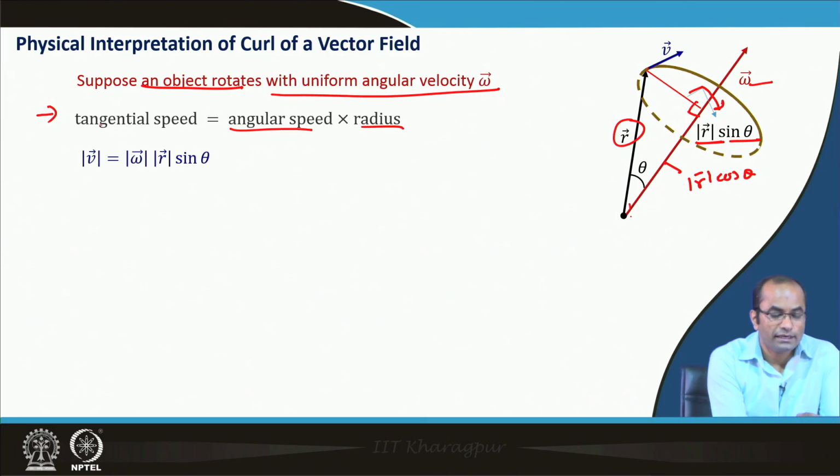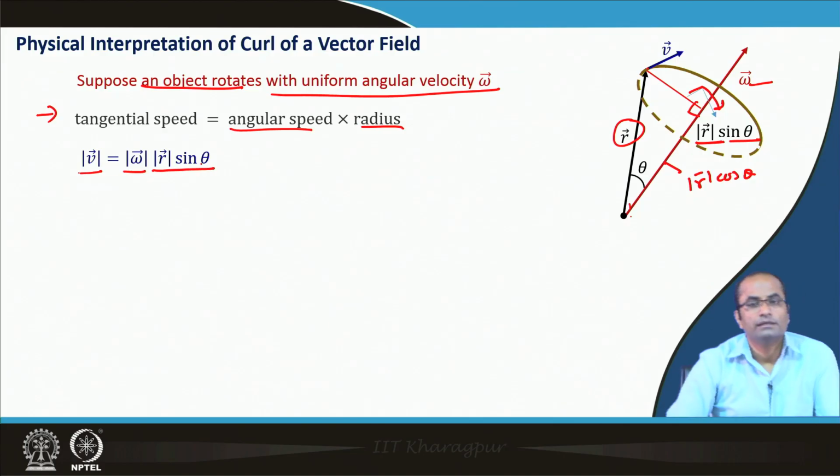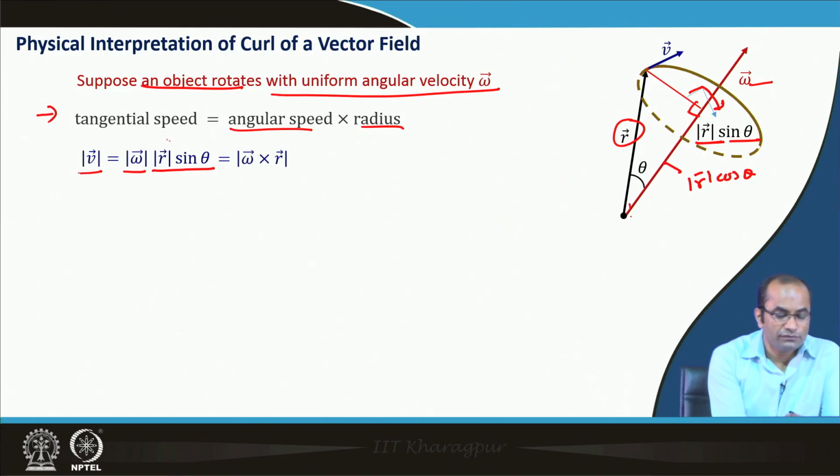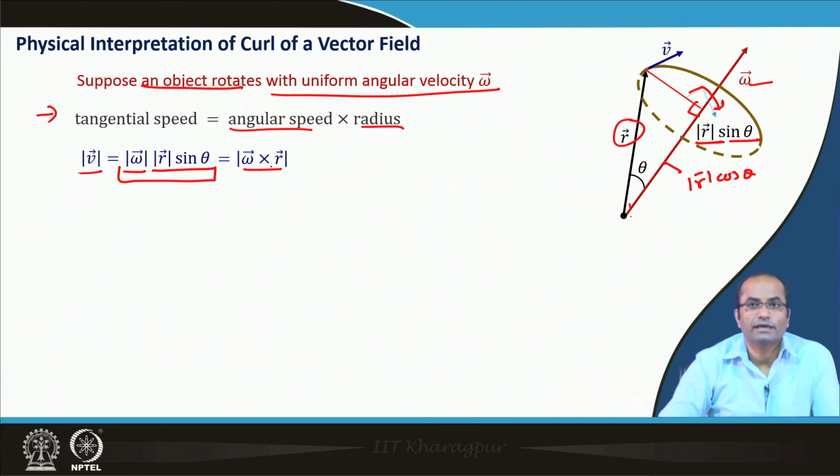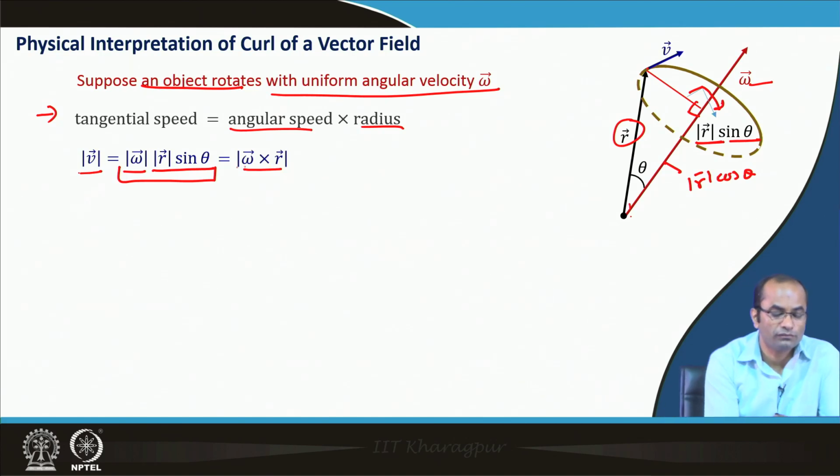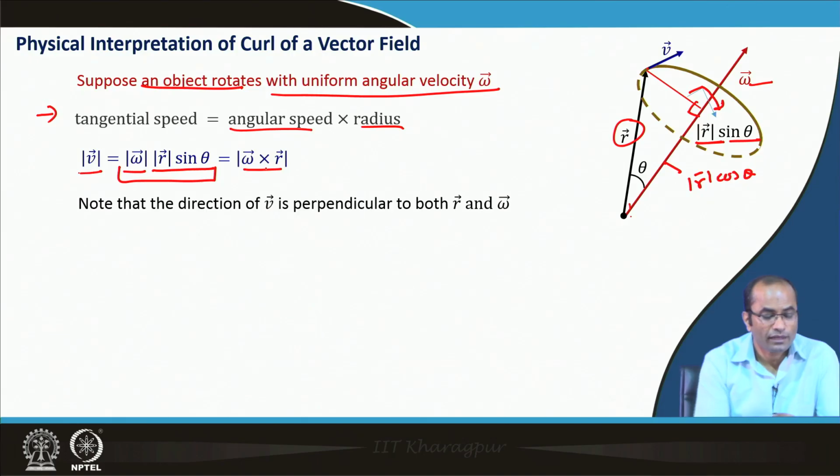So, we can say that the tangential speed, that is the magnitude of v, is equal to the angular speed, the magnitude of omega, times the radius, which is given by the magnitude of r sin theta. We know that this is precisely the magnitude of the cross product of omega and r. And now, we also note the direction of this v.